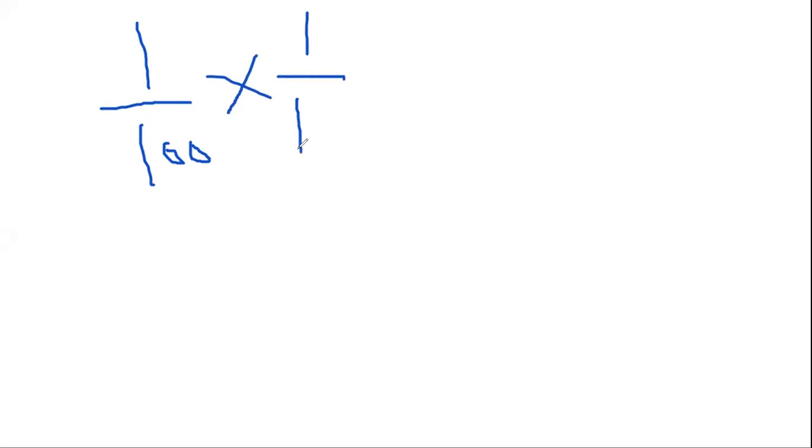A pip is just 1/100 times 1/100. One times one is what? 1. 100 times 100 is what? 10,000. 1 divided by 10,000 is what?